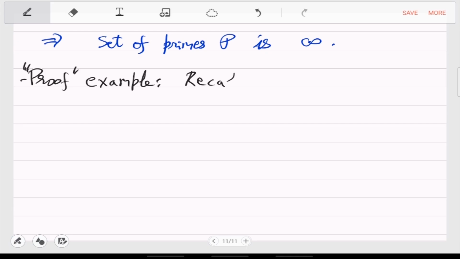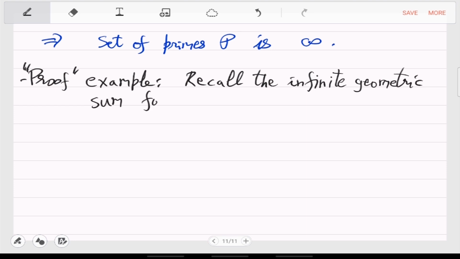So recall the infinite geometric sum formula that we have learned for JEE. Okay, so let's apply it here. You have an expression, or let's call it sum.